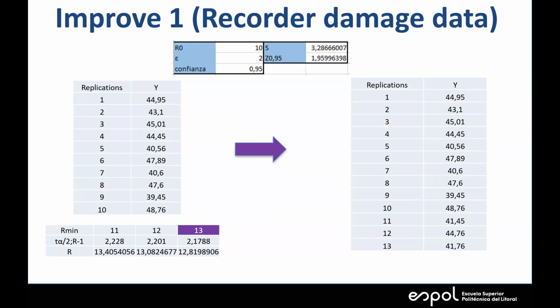For improvement proposals, we use two, which we will analyze below. For Improv 1, we used 10 replications, which gave us a minimum of 13 replications. It should be noted that for the calculation, we used an error of 2 and a confidence level of 95%.